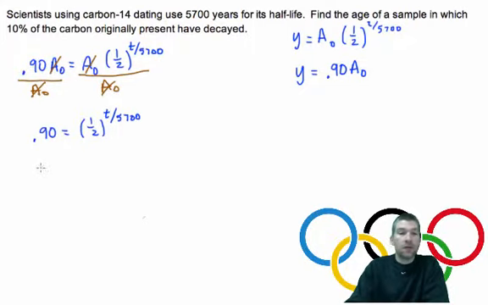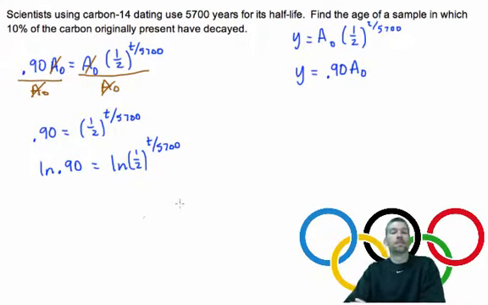So the natural log of 0.9 is equal to the natural log of 1/2 to the t over 5,700 power. And when you do this, anytime you have an exponent inside a natural log, you can take that exponent and move it to the front of the natural log.